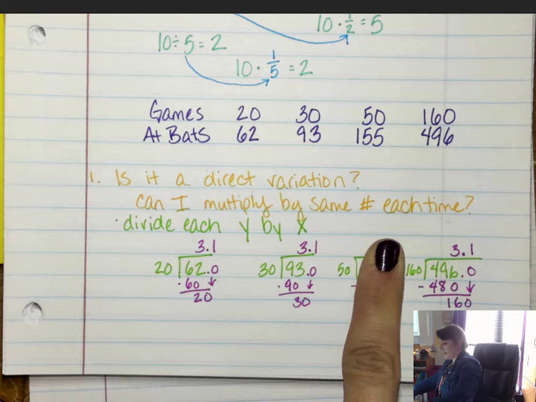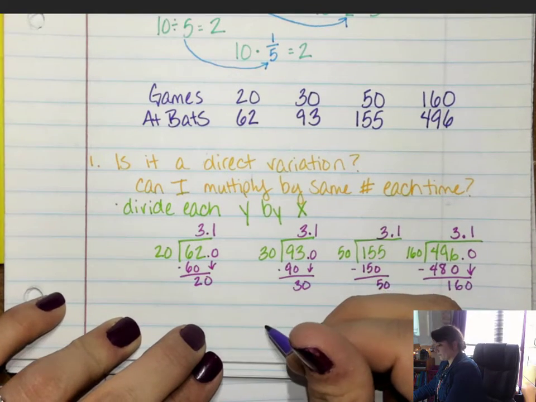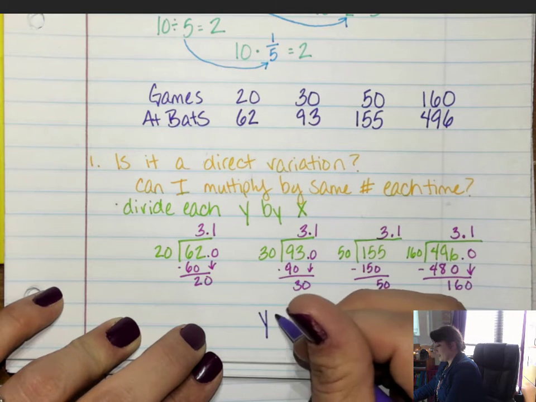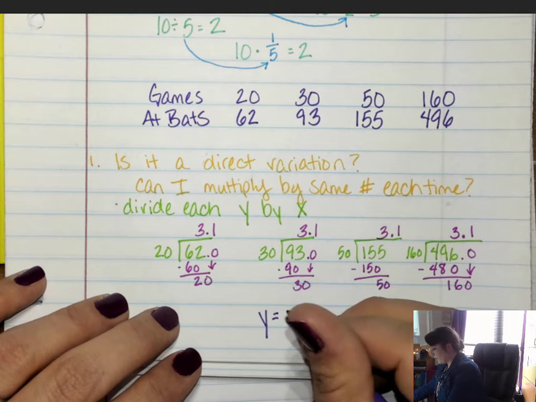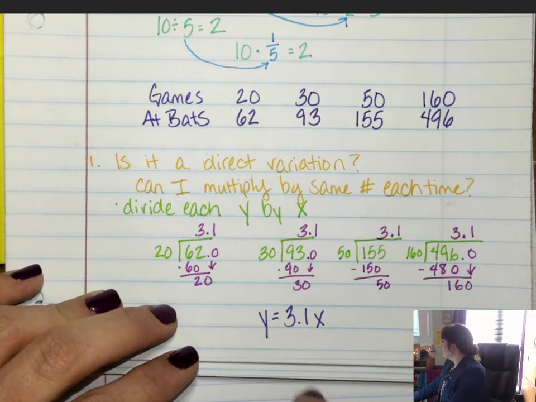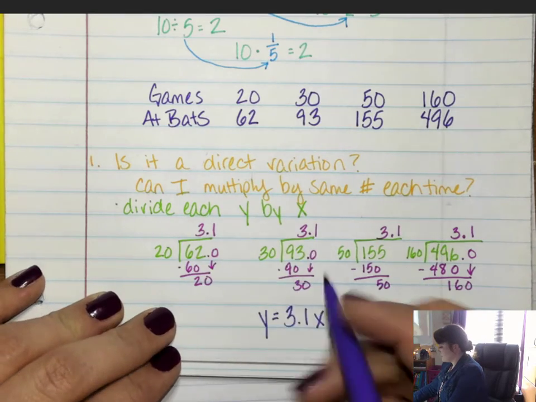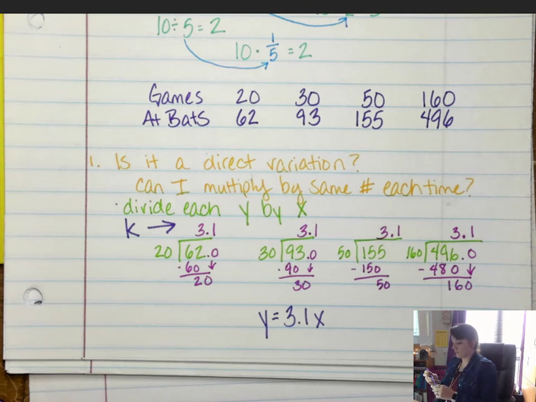And then the equation that I can write for this: y equals, what am I multiplying by each time? 3.1x. And this is my k. These are my k's. So it's basically like a unit rate, constant of proportionality. It's all that.